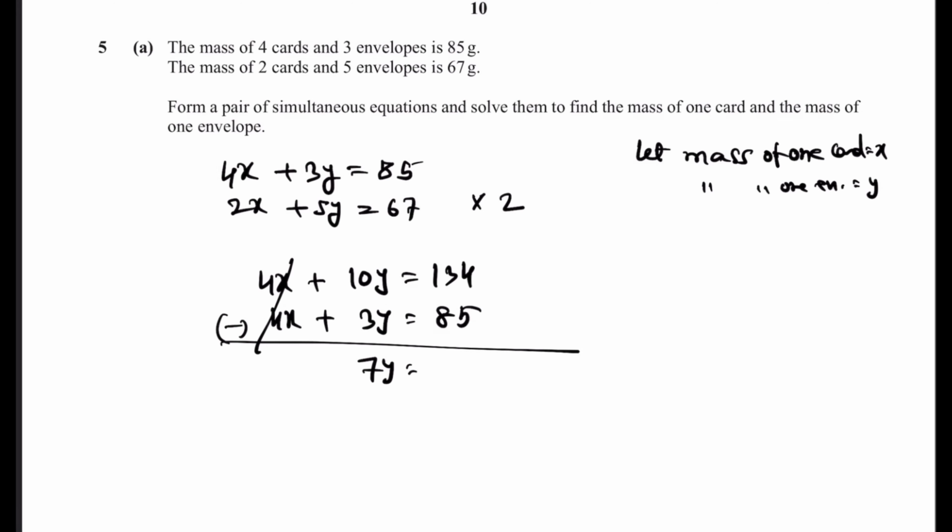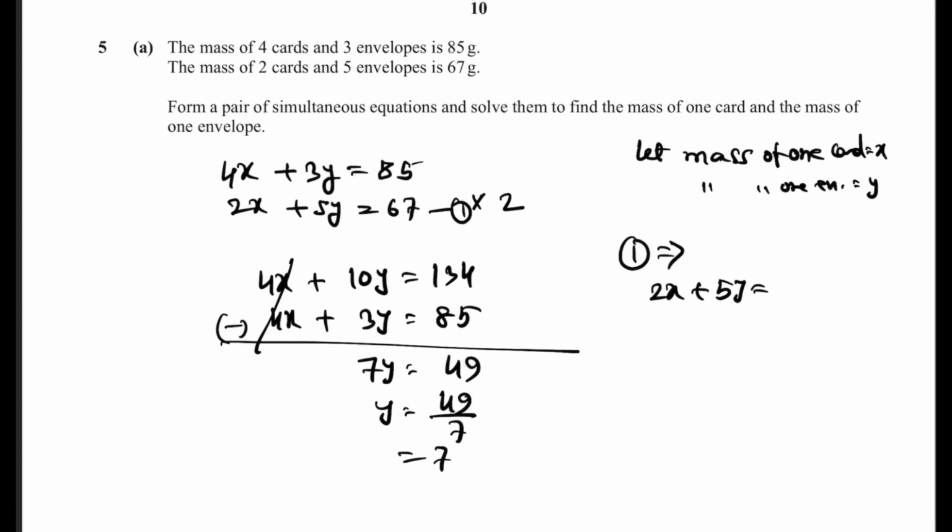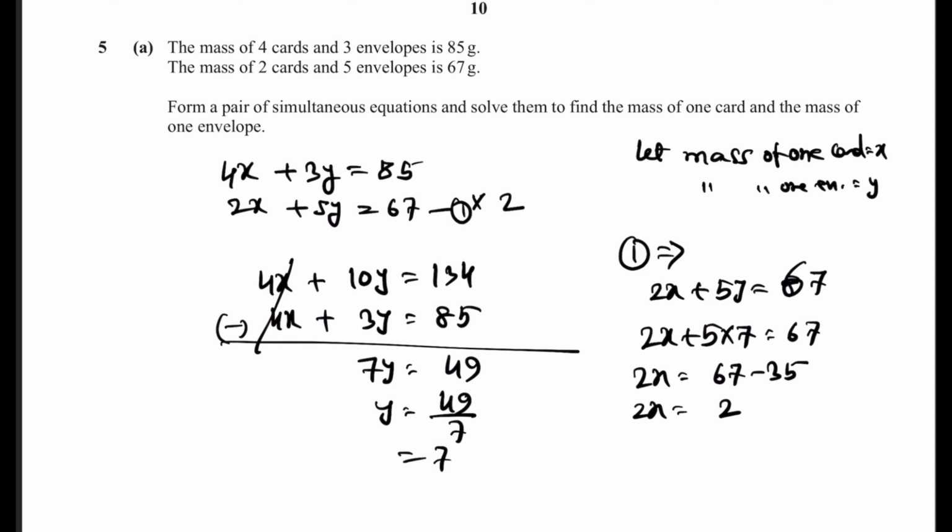So 7y equals 49, so y equals 49 by 7, that is 7. And if we substitute it in here, 2x plus 5y equals 67, and 2x plus 5 times 7 equals 67. 2x equals 67 minus 35, 2x equals 32.